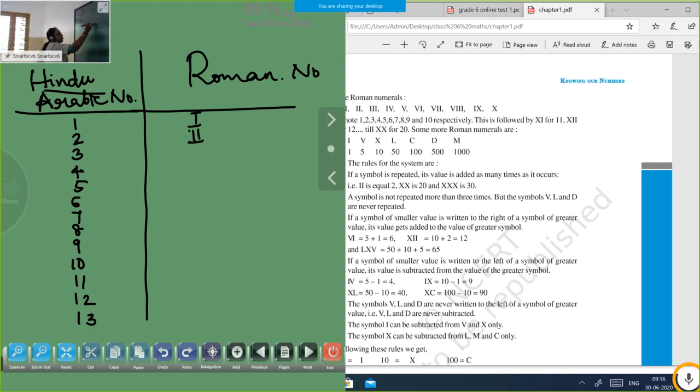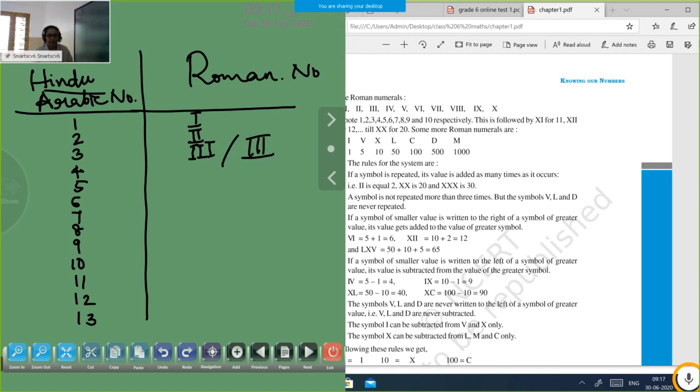II, we will write I 2 times. Then the Roman number for 3 is III, we can write I 3 times. We can write it separately or together, both are okay. Now listen carefully.